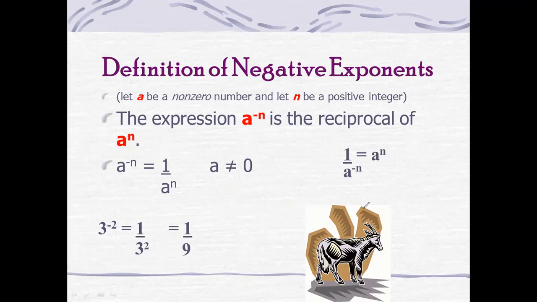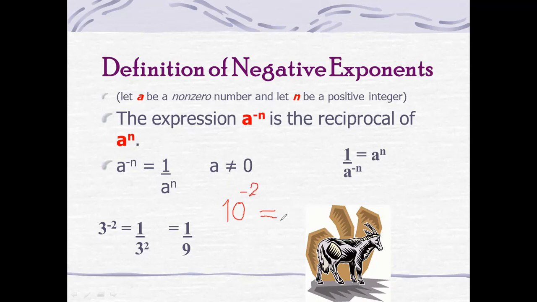Okay, one last. Akira, please unmute. Akira, 10 to the power of negative 2. What is that one simplified?